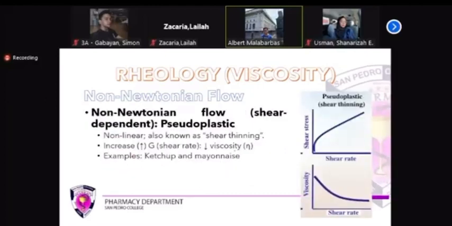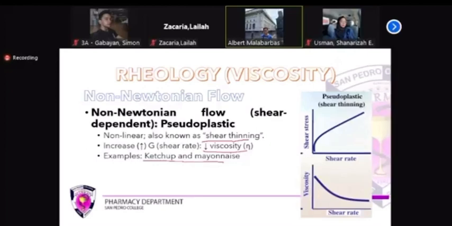Next, pseudoplastic flow is also known as a shear thinning system. From the name itself, shear thinning, as you increase the rate of shear or the force that you apply, its viscosity decreases. It becomes less viscous, for example ketchup and mayonnaise. As you shake the container, it changes from a viscous type to a fluid type.